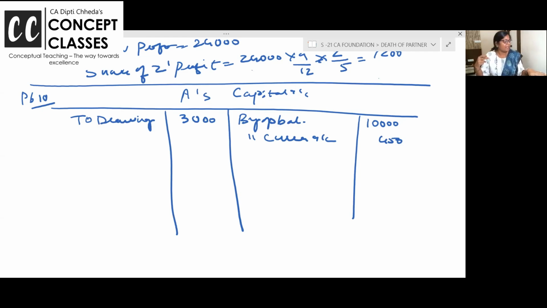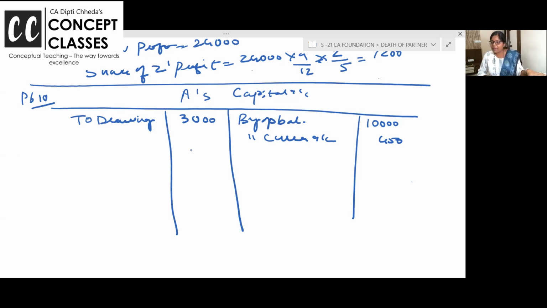A died on 30th September. Amount standing to the current account is 450 and drawings on the debit is 3,000. An unrecorded liability of 2,000 was discovered on 30th of September.